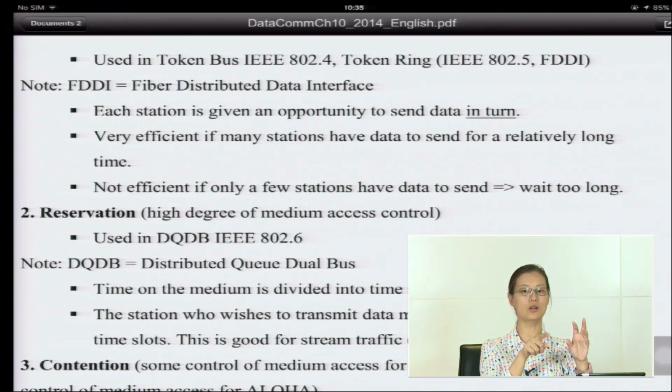No. Ask the third one, no. Ask the fourth one, until the last one. No, then go back to the first one again. So the one who wants to send will have to wait for a long time. This is not efficient if only a few stations have data to send, but it will be very efficient if a lot of stations want to transmit a lot of data.